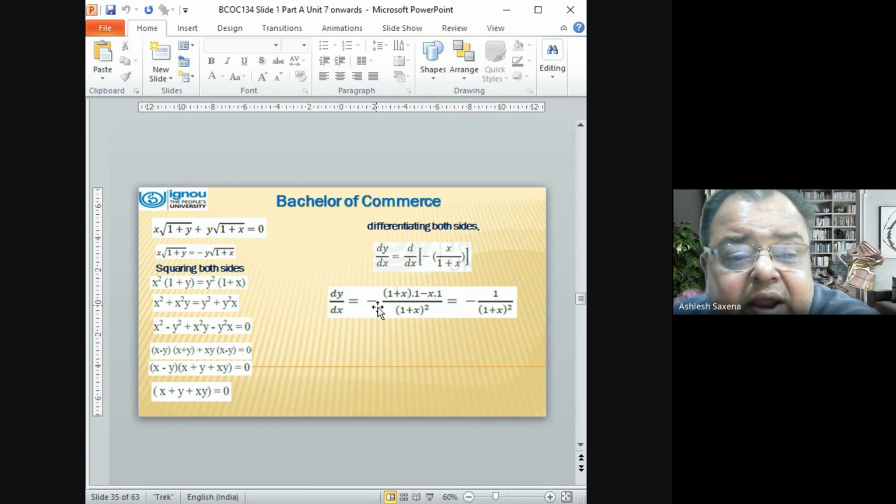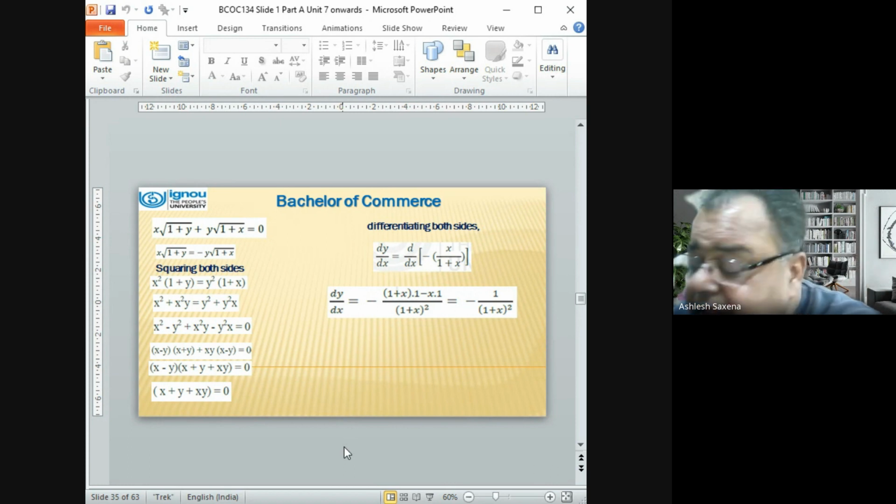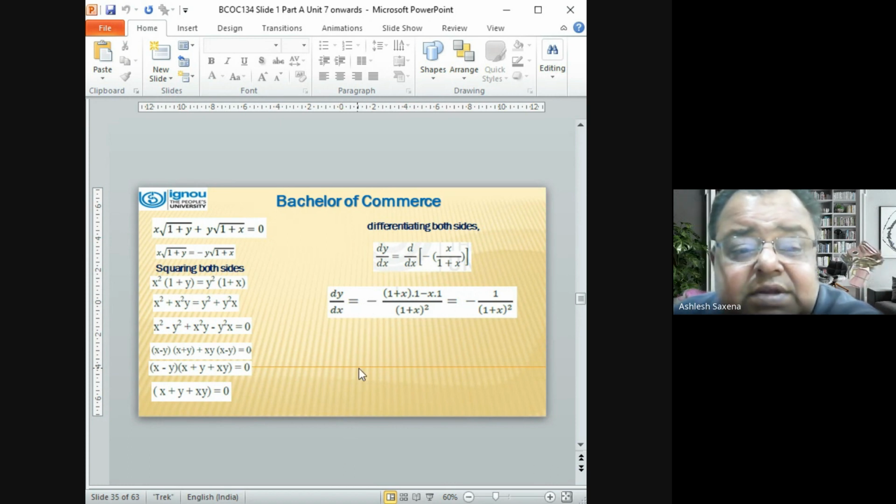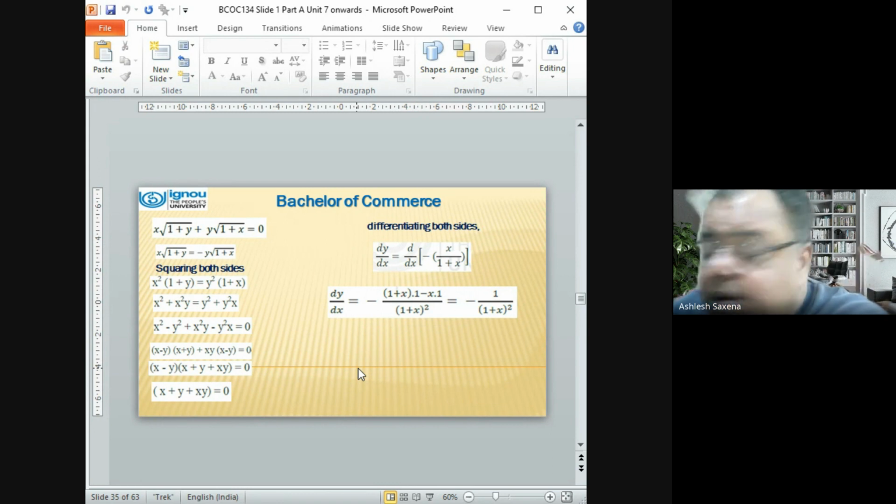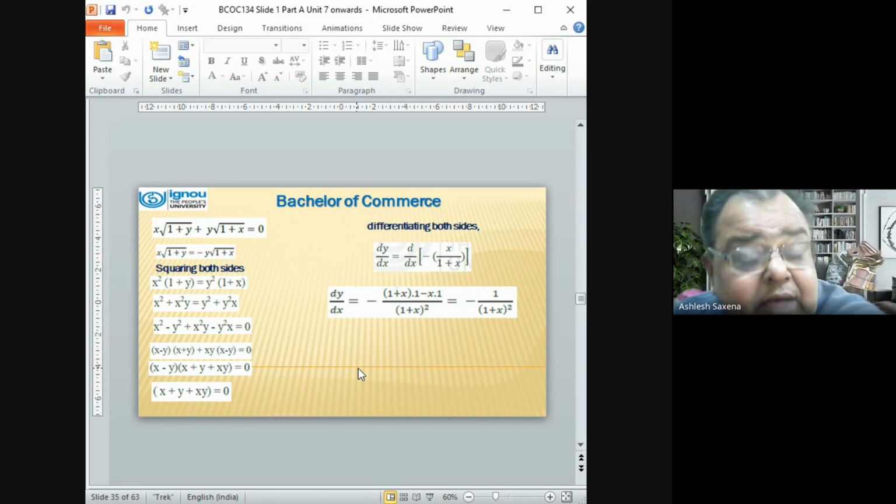And don't forget about this minus. This minus will come over here. Normally, while learners are making calculations, they forget this minus sign, which creates the whole problem. Keeping an eye on the problem, we can simplify.